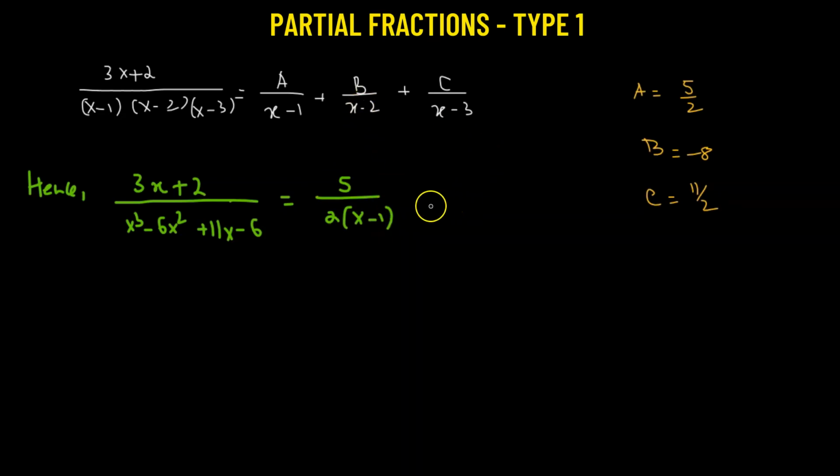Then we have B, which is negative 8, so negative 8 divided by x minus 2, plus C, which is 11 over 2, divided by x minus 3. These are the three partial fractions. If we combine them, this gives us back the original rational fraction.